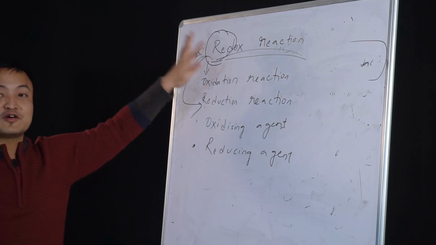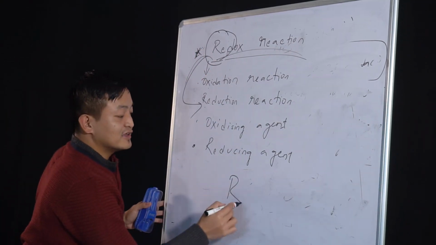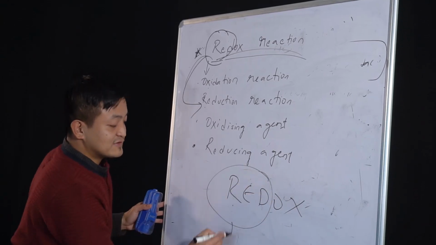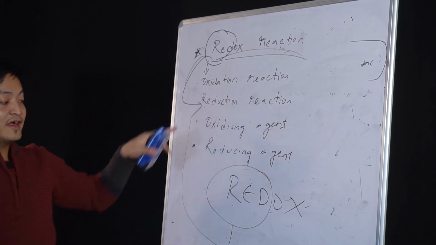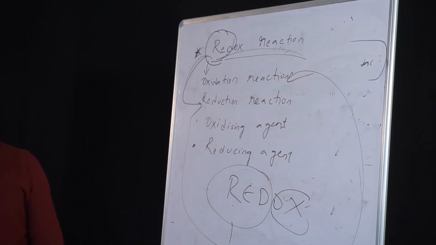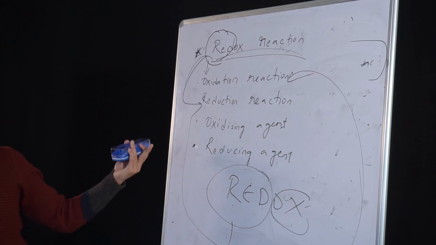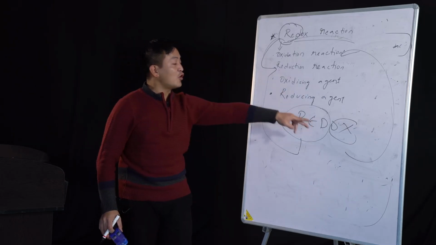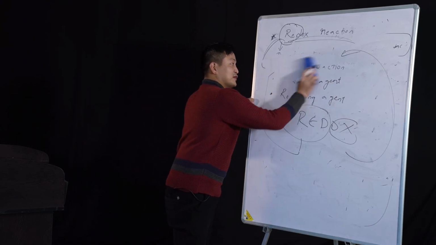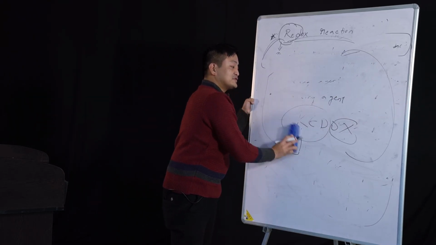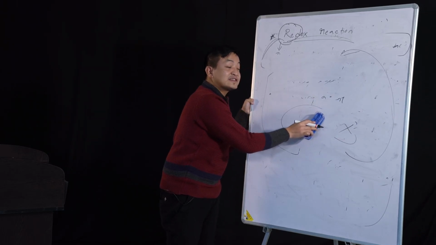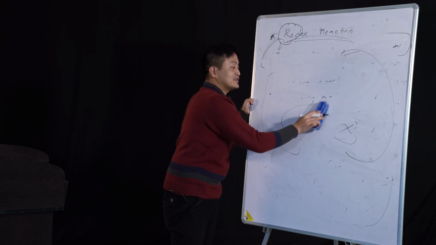See, students, redox: RED is from reduction, and OX is from oxidation. So red is from reduction, ox is from oxidation. The redox reaction is defined as the reaction in which oxidation and reduction take place simultaneously.